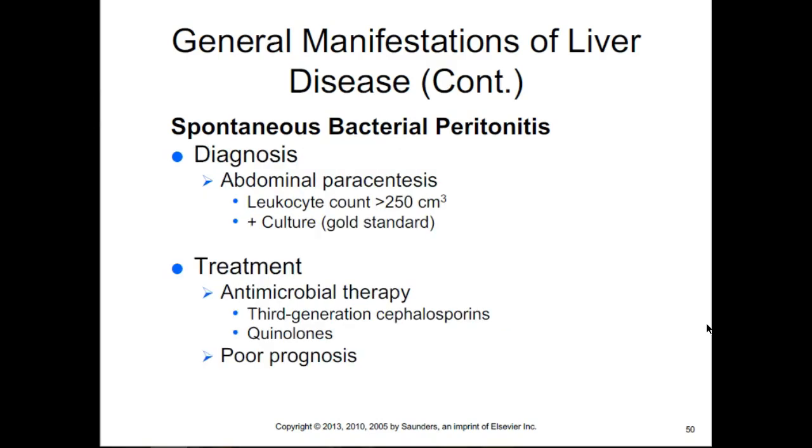So diagnosis is paracentesis to find out the leukocyte count, plus a culture of the abdominal peritoneal fluid, right? Then antimicrobial therapy, right, with third generation cephalosporins or quinolones. This bacterial peritonitis has a very poor prognosis.